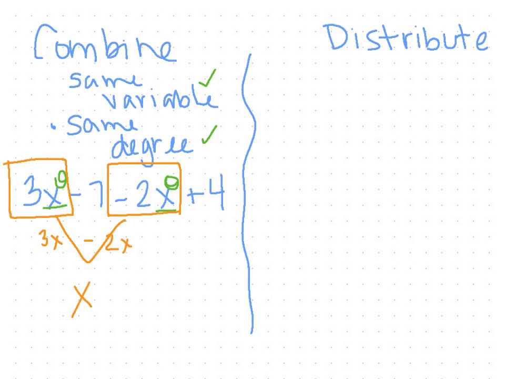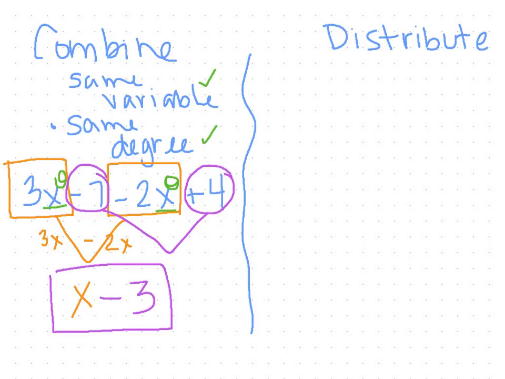So I have minus 7 plus 4. So I have a negative 7, positive 4. There's more negatives, so I know I'm going to have negative. And then 7 minus 4 is 3. So my answer is x minus 3. So when combining, just be careful with your negatives. Make sure to take that operation in front of your number, in front of your coefficient.